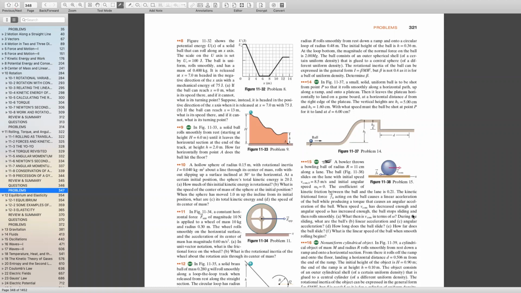So the angular acceleration is increasing and the linear acceleration is decreasing. The angular acceleration is positive. The linear acceleration is negative because it's decreasing.